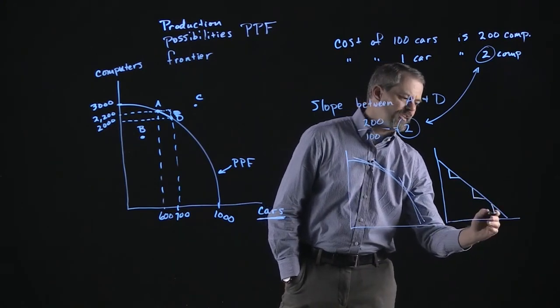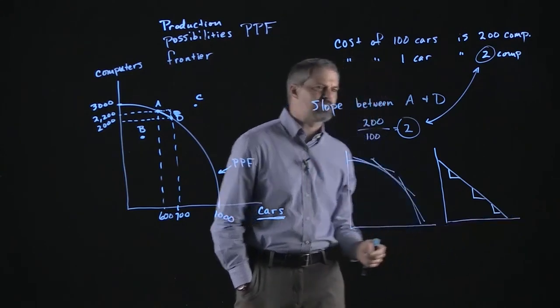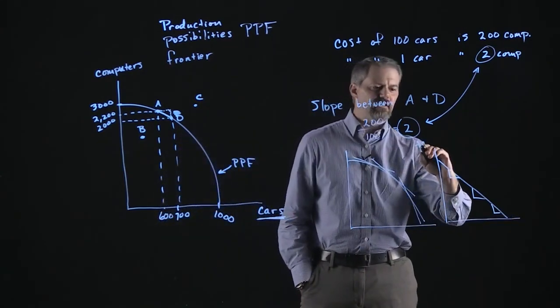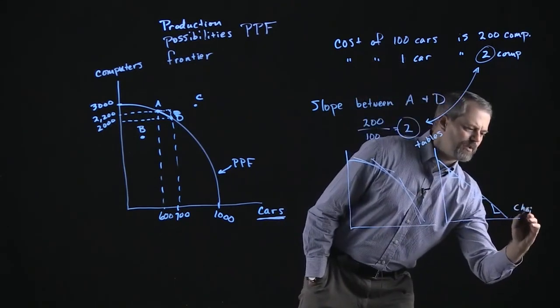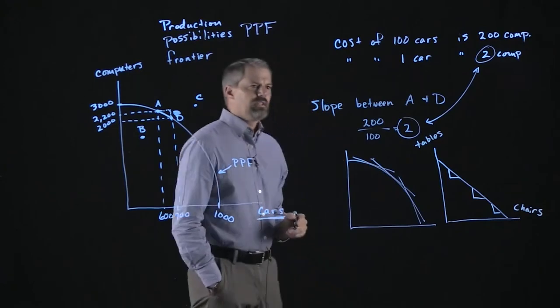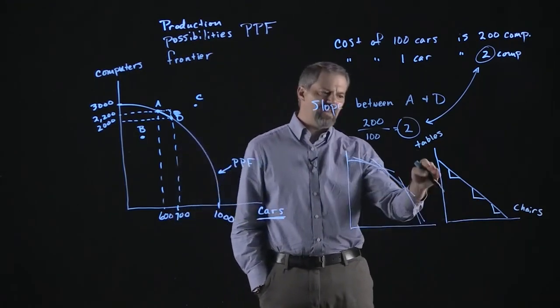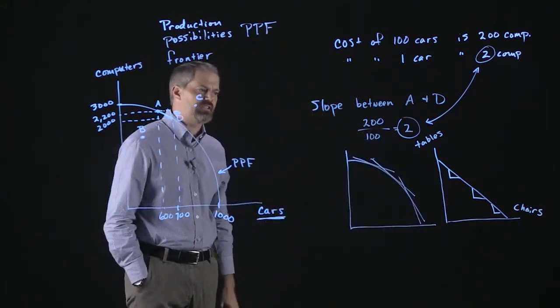You can see that the slope is constant, so the opportunity cost of the good on the horizontal axis does not change. So if we had something like tables and chairs, that would be an example of two goods that use the same inputs and the same technology. And so in that case, the inputs are not specialized. The production possibility frontier is linear.